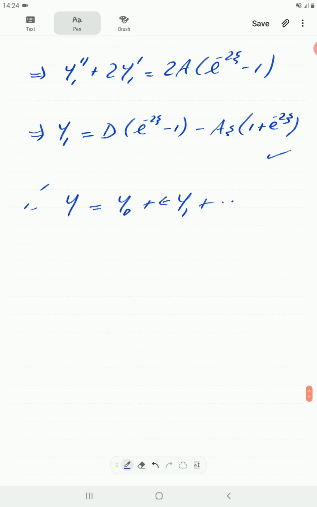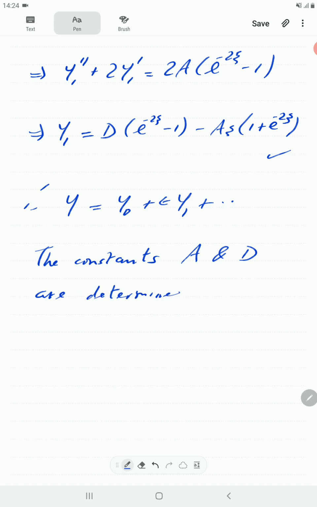Like I've already mentioned, the constants A and D are determined by matching with the outer solution.